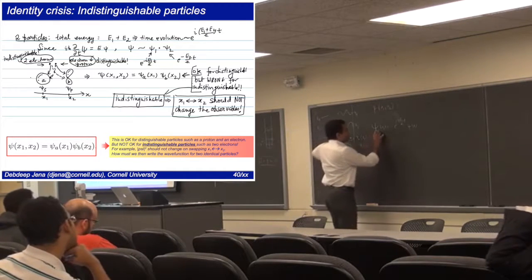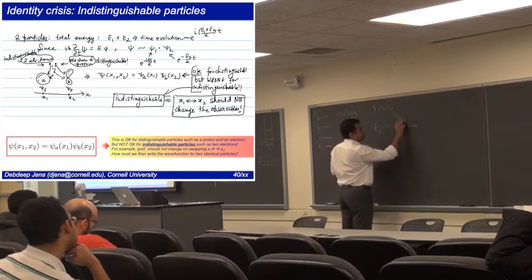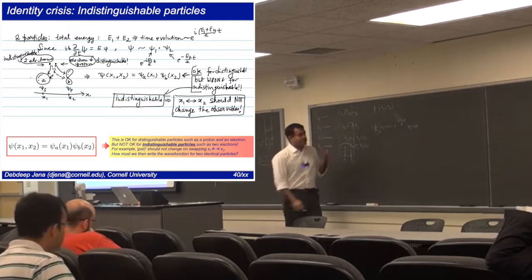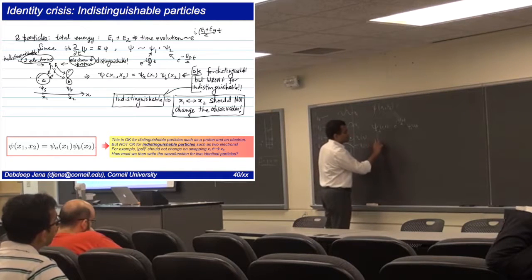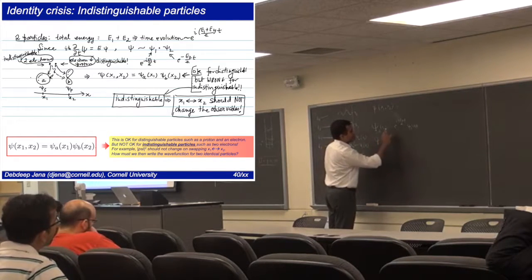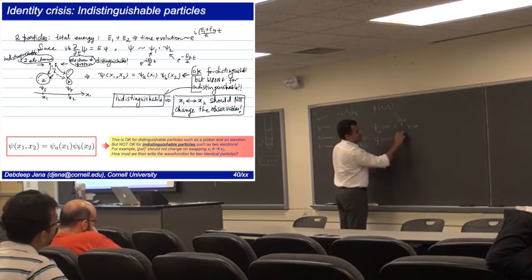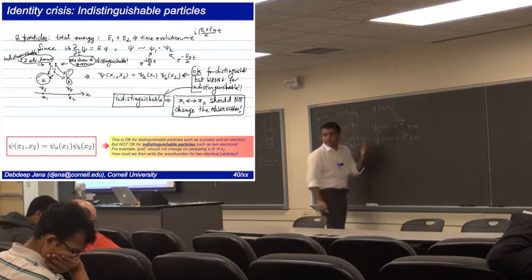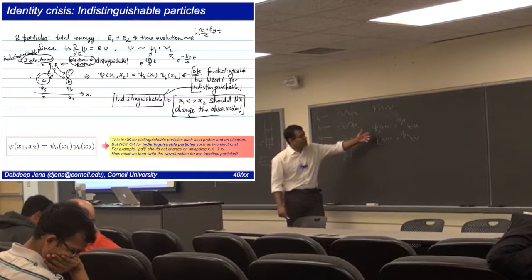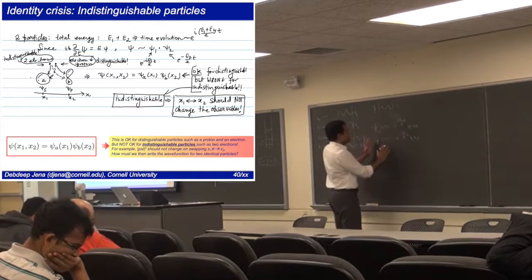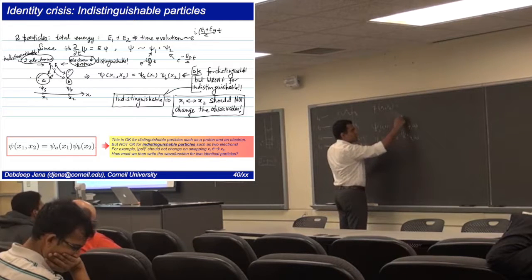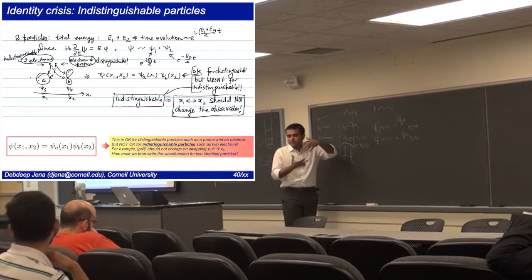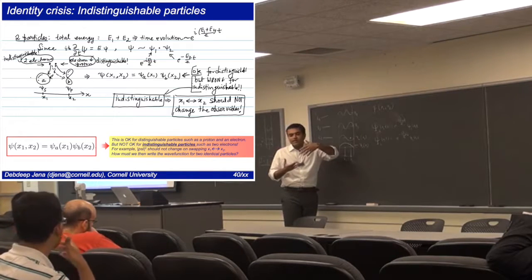For particle 1, the single-particle state will be e to the power minus iE1 over h bar t times psi 1 of x1. For particle 2, the total wave function will similarly be e to the power minus iE2 over h bar t times psi 2 of x2. The only way you can get a state where the total energy is E1 plus E2 is to multiply the two. Then the total energy is E1 plus E2.